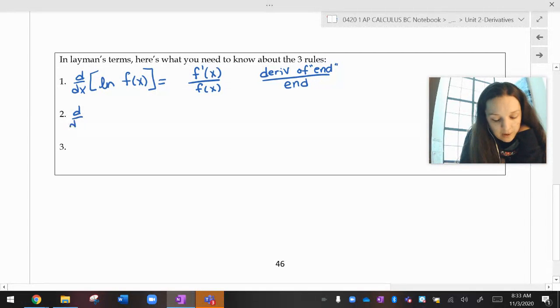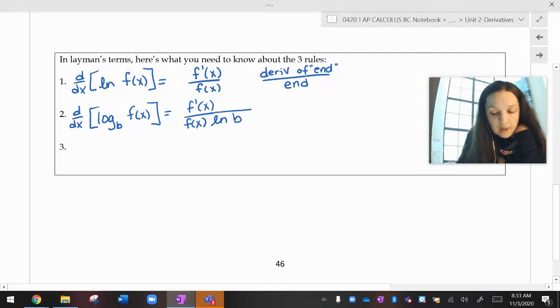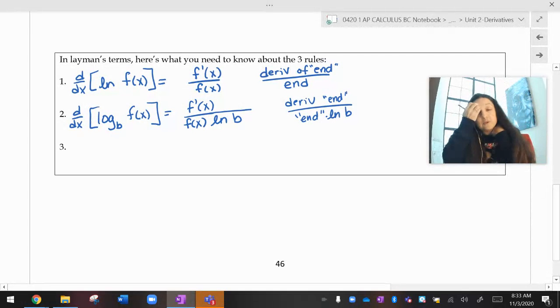If instead of an ln, you have log base b of f of x, it's still the derivative of the end over the end, but also on the bottom, we have the ln of the base. So this one is the derivative of the end over the end, and the ln of the base goes here.